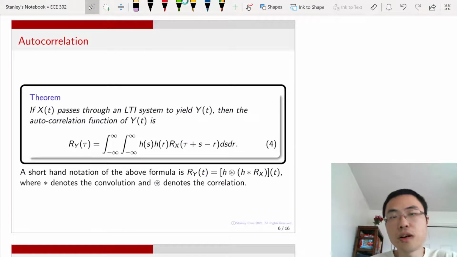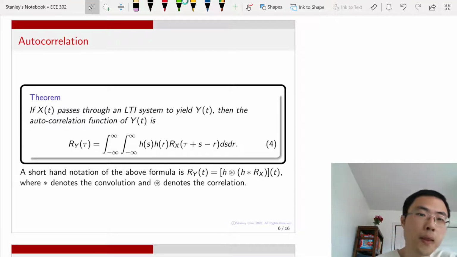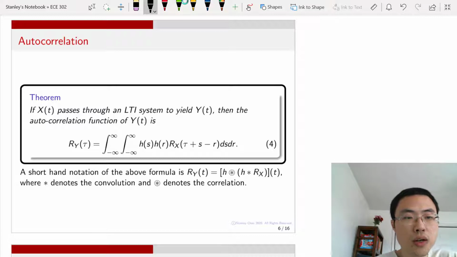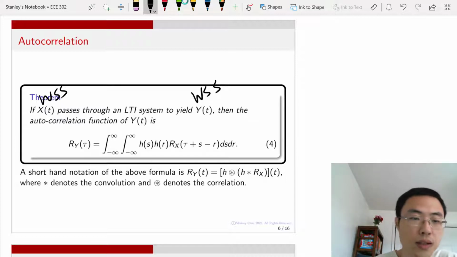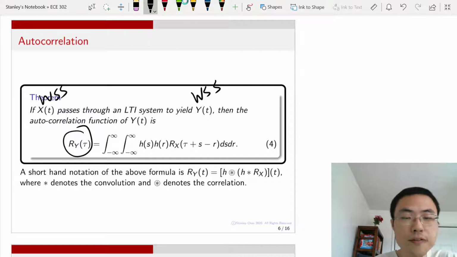Okay, so we have talked about the mean function, and the next thing to talk about would be the autocorrelation function. Suppose we have the same setting where your x of t is wide-sense stationary. You obtain another wide-sense stationary process, y of t. We want to find the autocorrelation function of y, in other words, this Ry of tau.